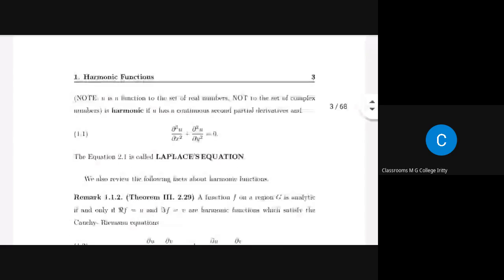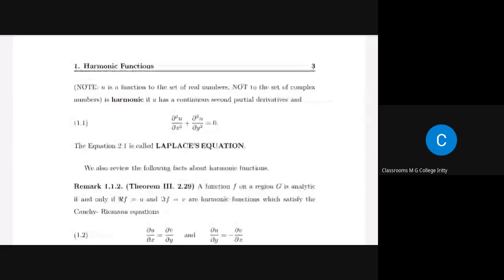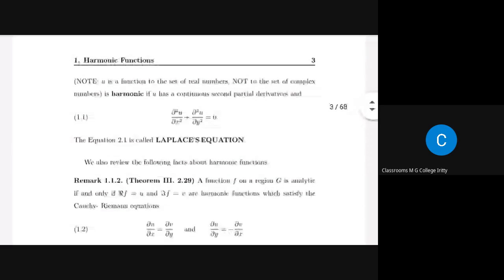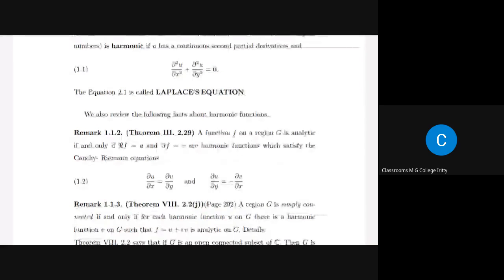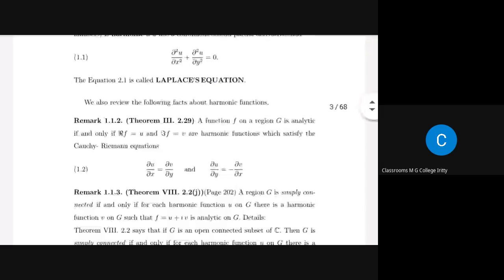The next remark says that a function f on a region G is analytic if and only if the real part of f equal to u and the imaginary part of f equal to v are harmonic functions which satisfy Cauchy-Riemann equations. Cauchy-Riemann equations are ∂u/∂x = ∂v/∂y and ∂u/∂y = -∂v/∂x.